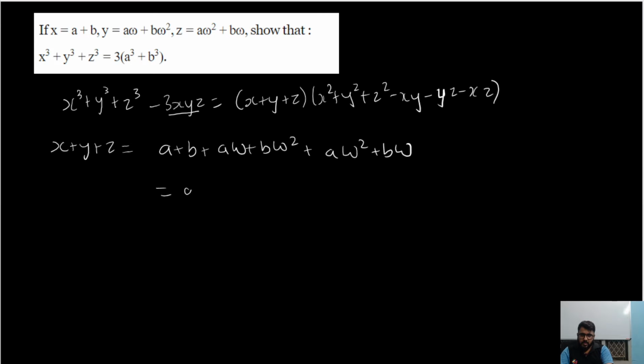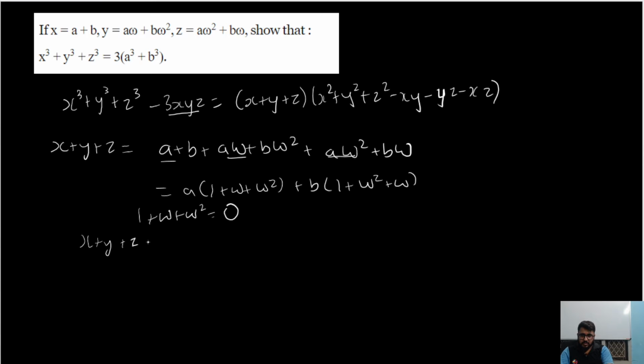And if I take out a here, I'll have 1 plus omega plus omega square from these three terms. And if I take b out, I'll have 1 plus omega square plus omega. And I know from the previous videos that 1 plus omega plus omega square is equal to 0 for the cube root of unity, when omega is a cube root. So now I can say that x plus y plus z is just 0 plus 0, which is 0.